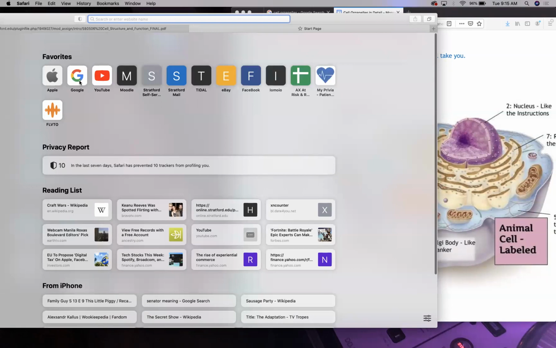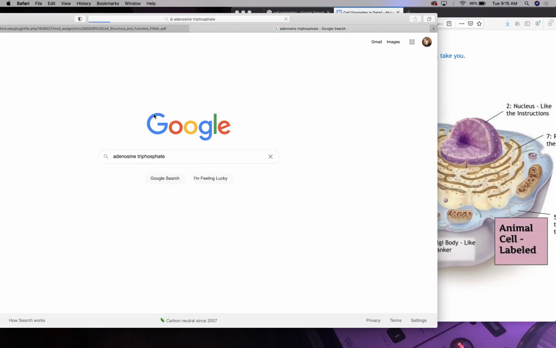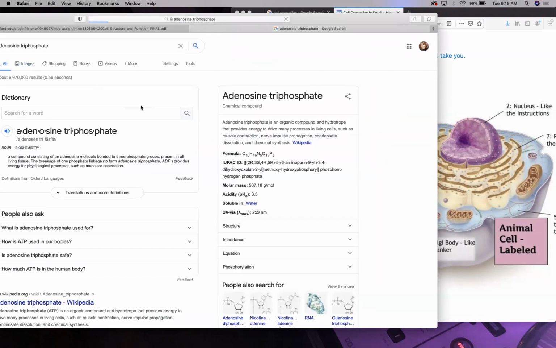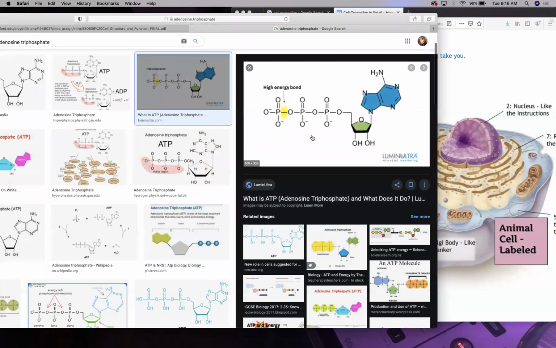Let's look at ATP. If you look at adenosine triphosphate, here's the chemical formula of it, right? It has an adenosine group, and it has 3 phosphate groups, if you see here.